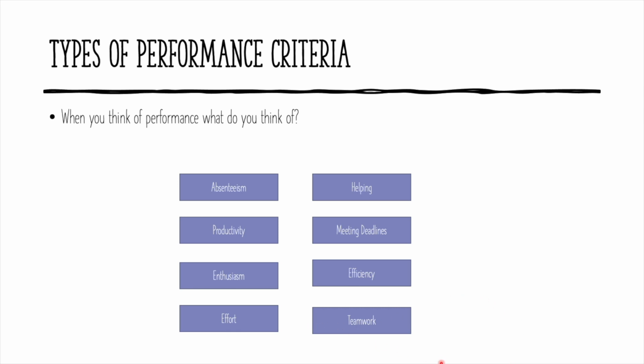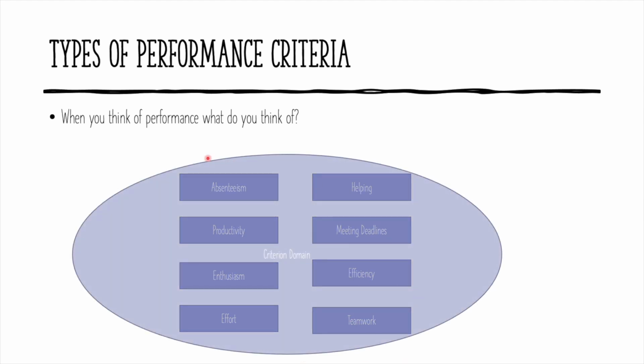And a nice way to classify them is the performance criteria. So all of these are within the criterion domain. All of these are types of performance criteria. So those are the subdimensions that I think we talked about a little bit earlier.